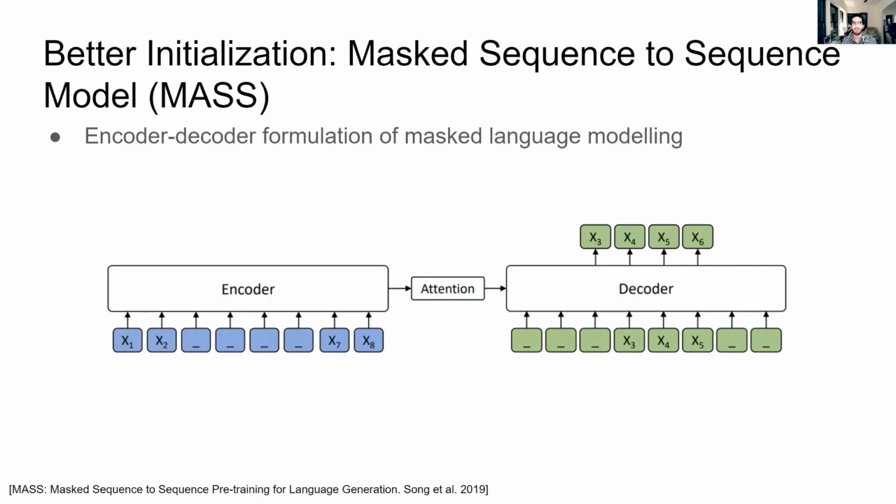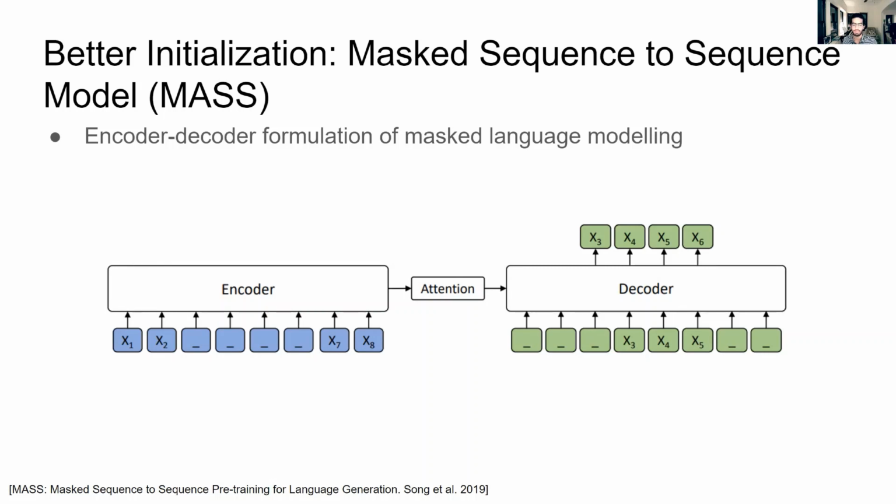So there have been other works where you slightly change the initialization using a different language modeling objective. For example, another recent work in 2019 was masked sequence-to-sequence models, which have been shown to work well for both supervised and unsupervised MT. So the objective is still masked language modeling, but now instead of having just an encoder, you have an encoder-decoder model.